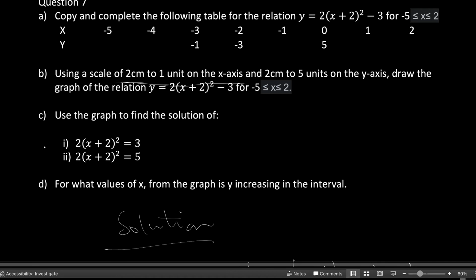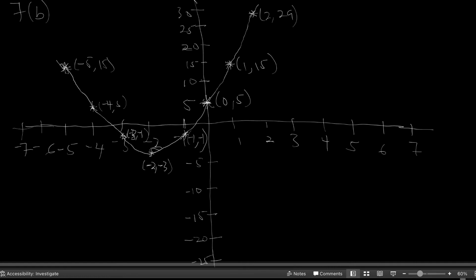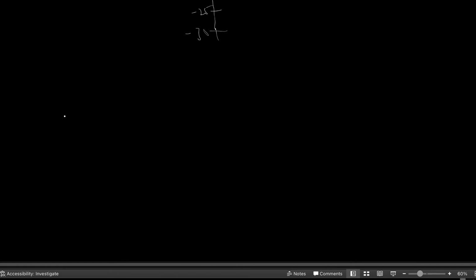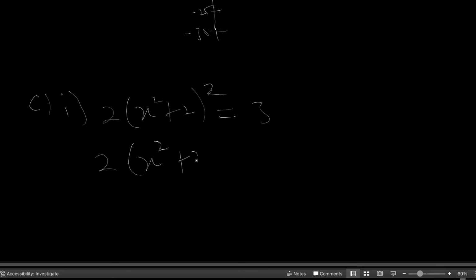Now moving on to 7c. Use the graph to find the solution of (i) 2 multiplying the expression (x plus 2) all squared is equal to 3. So we can rewrite this as 2(x plus 2) all squared minus 3 is equal to 0.